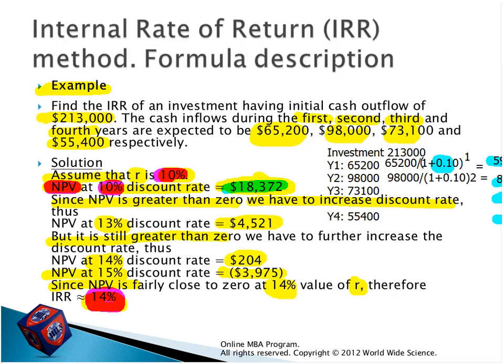So when you're trying to assume other discount rates, like 13%, 14%, 15%, we will have a big calculation, right? We do a lot of calculations. That's how we can find them manually. So I hope you understand the internal rate of return formula and calculations. That's very important.